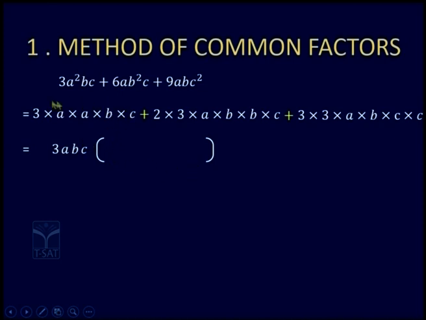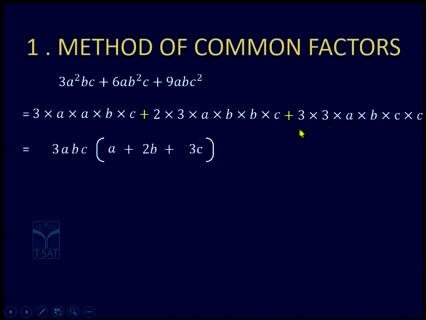Now you observe, from the first part you have taken 3 as common, A as common, B is also taken outside, C is also taken outside. Then what is the term left from the first part? It is A. Simply only one letter is left, A. And from the second part, 3 is taken common, A is taken common, B, C also taken common. The leftover part is 2B.